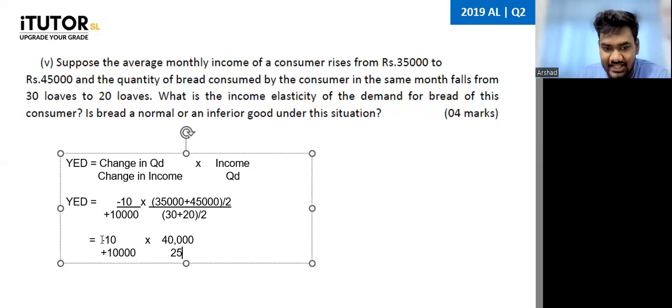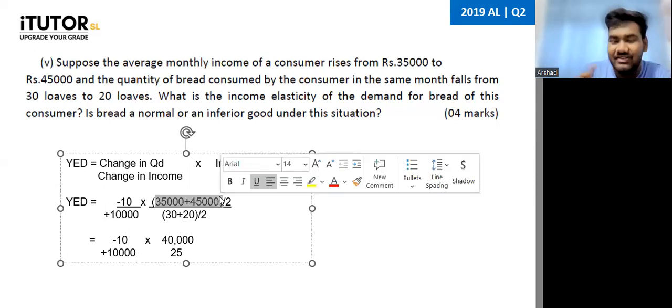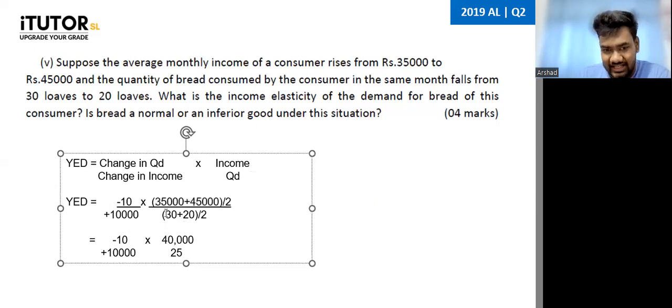So when we solve this, how much do we get, guys? Why divide by 2? That is because we are finding the average income, guys. So income here is 35, then it becomes 45. So 35 plus 45 divided by 2, we get the average income, the middle value. That is 40,000. And here also we find the average. You don't have to divide by 2 also, because we are dividing both sides by 2. So you will still get this.